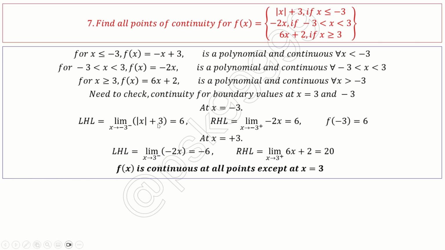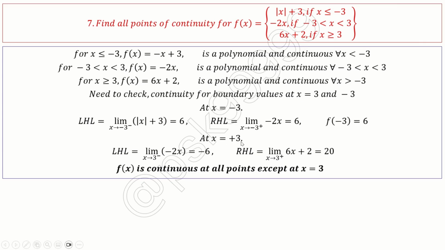So it will be 3 plus 3, which is 6. RHL is the limit as x tends to minus 3 plus, which means the definition is minus 2x, okay? So minus 2x, if I substitute, then it will become 6. And f of minus 3 also, which one will we take? We'll take this equation, correct? f of minus 3 is also 6. So at minus 3, it is continuous, okay?